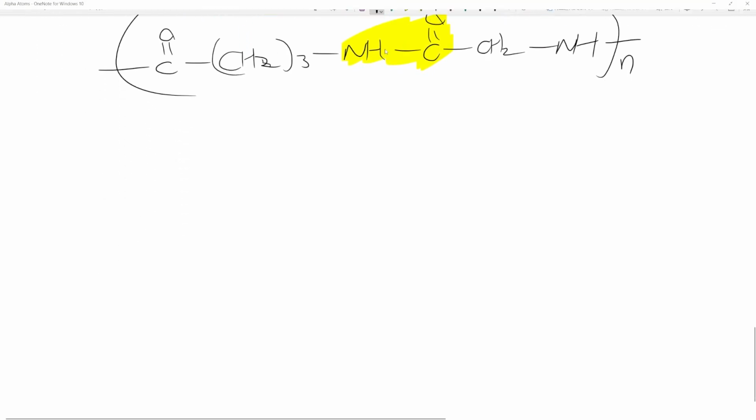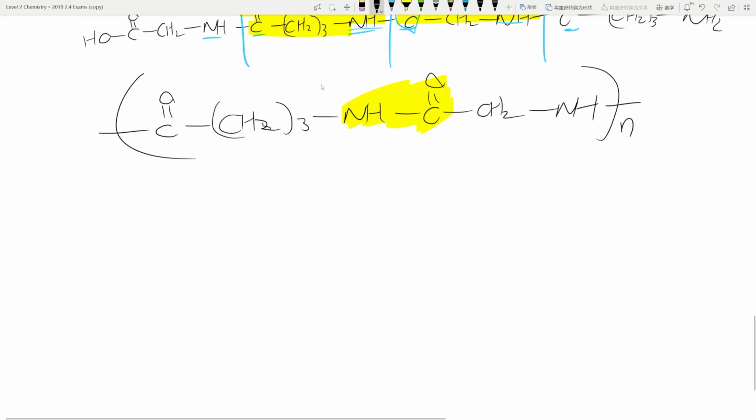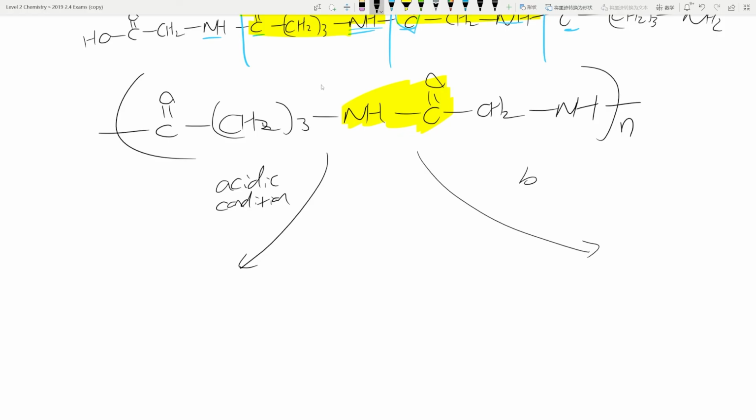Okay, and sometimes they ask you to circle the peptide link, which is just CONH, the thing that connects the amino acids. All right, now if I want to do hydrolysis of this particular thing, so if I do acidic conditions, same thing, acidic, add heat, water, and for this one we're going to do base.